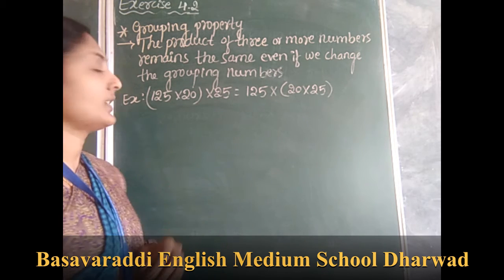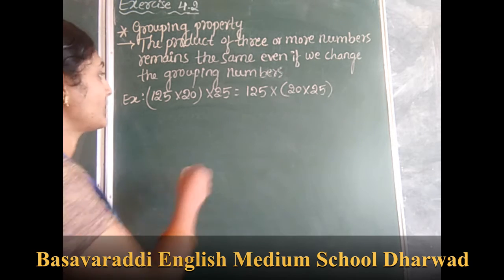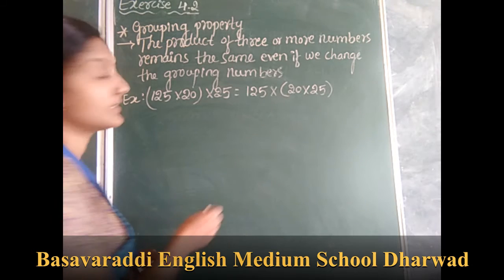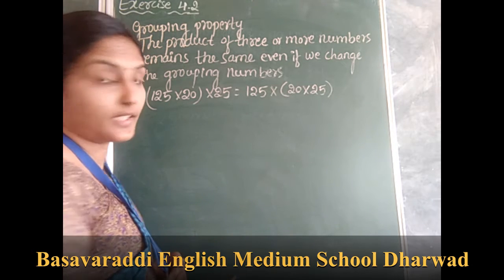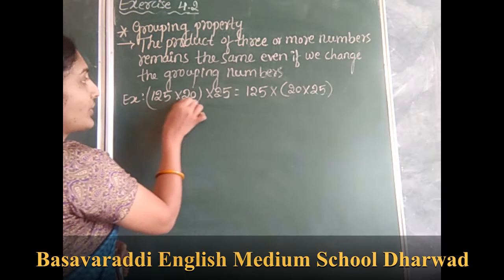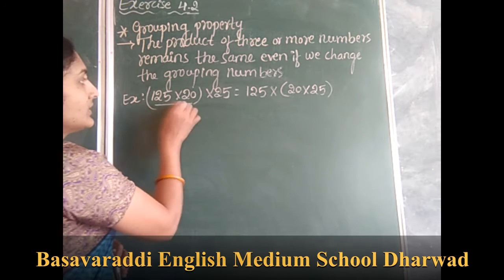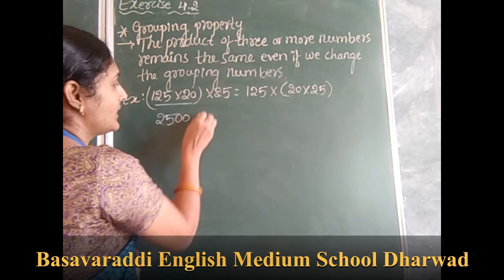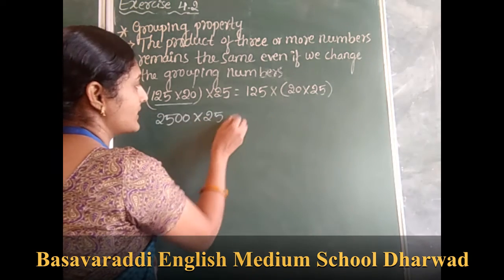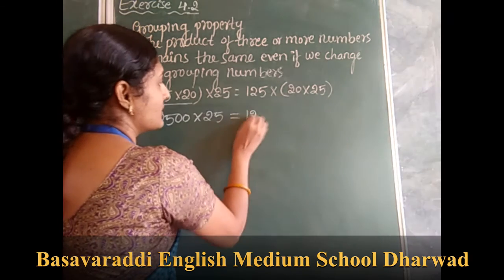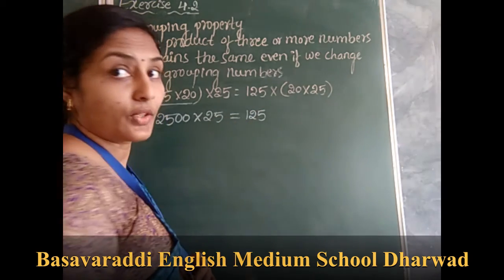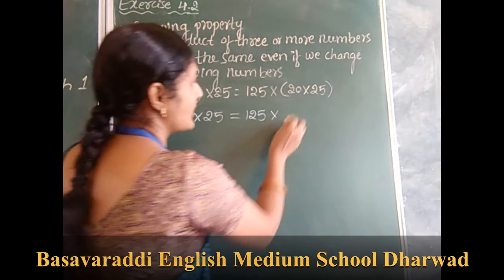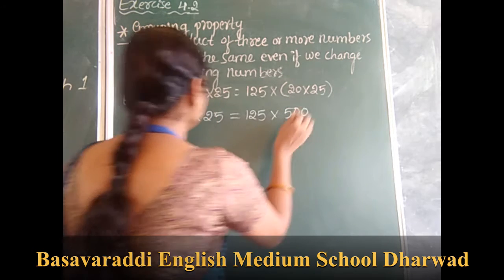Let's do the example here to clear the grouping property. 125 into 20 is one group. After multiplication we get 2500. Write the second number as it is, 25. Now write the first number 125 as it is, into 20 into 25, that means 500.